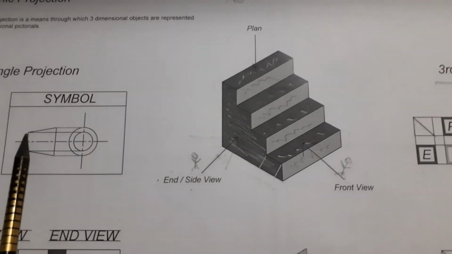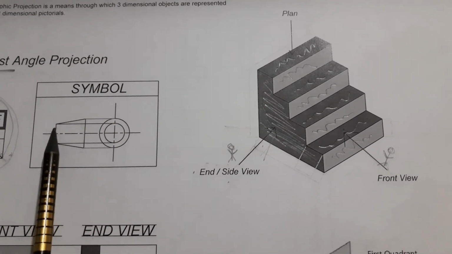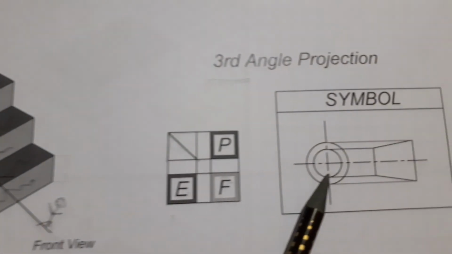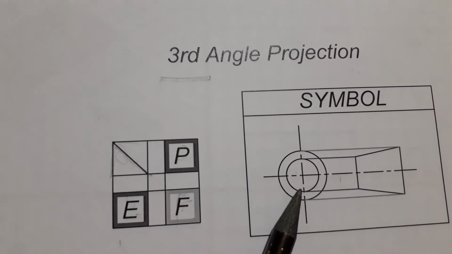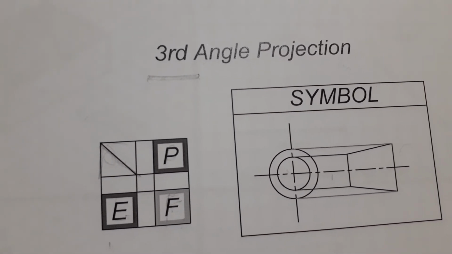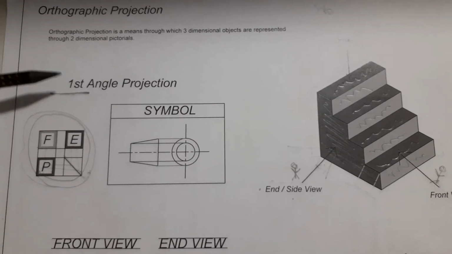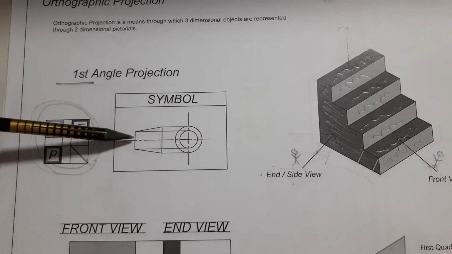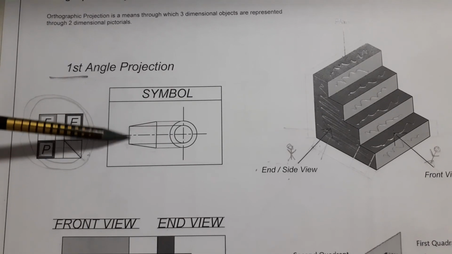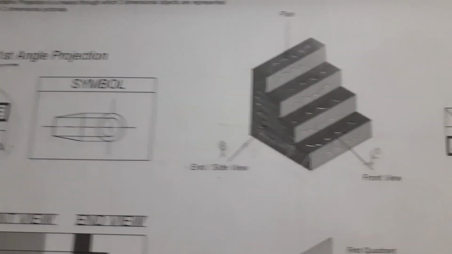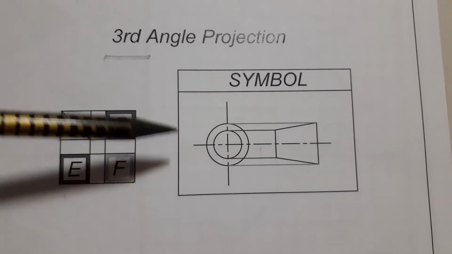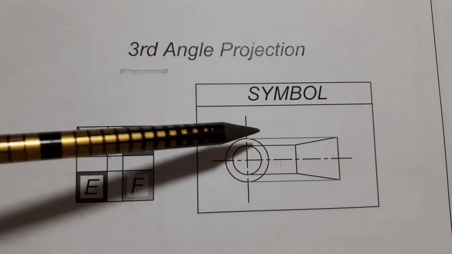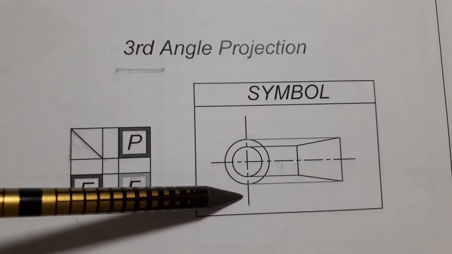This one has the cup first, and this one has the circles first. An easy way to remember this is that first angle, number 1, is a straight line. So the symbol is going to begin with a straight line. Third angle, number 3, is a curved number. So the symbol has to begin with a curve.